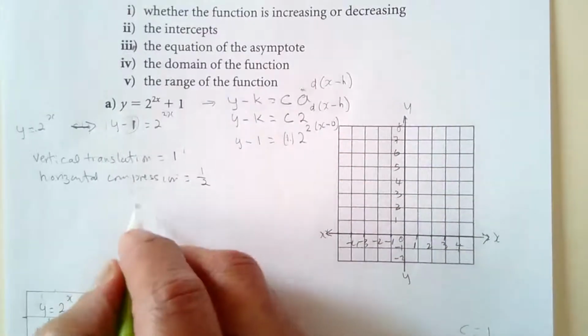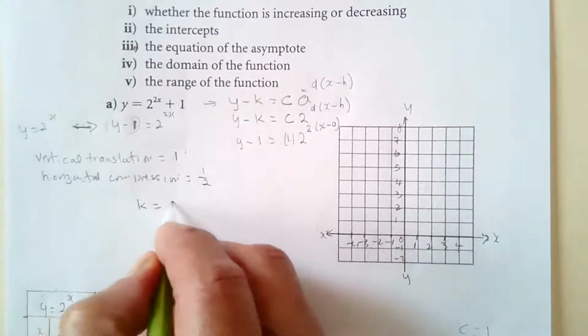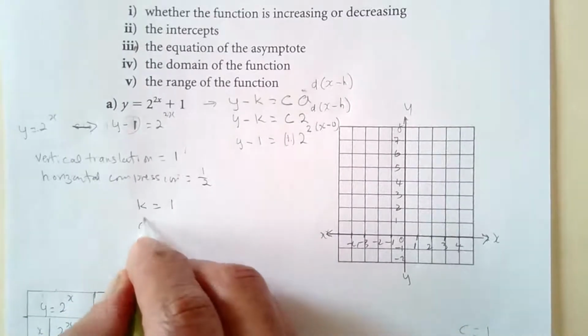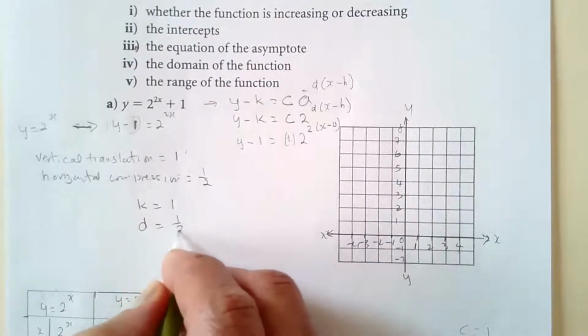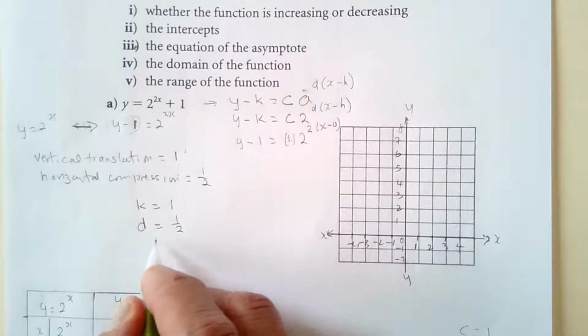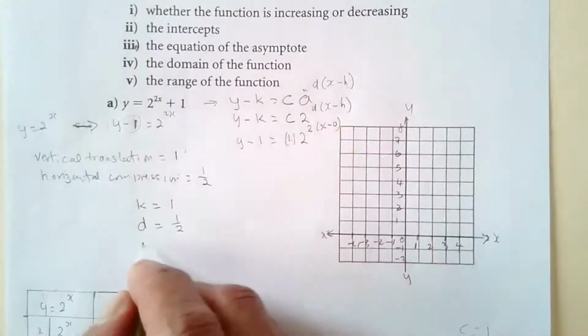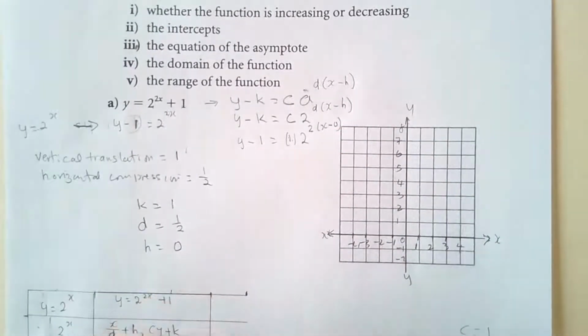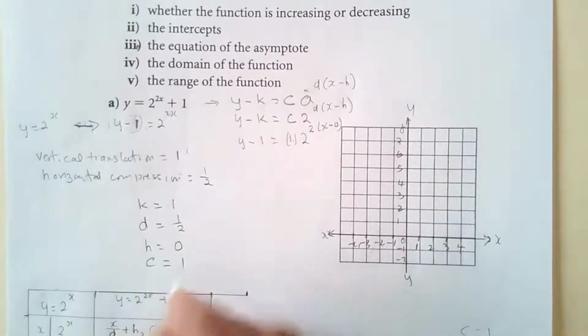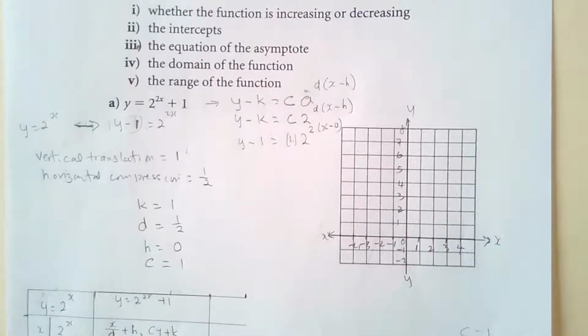So we can conclude that k is equal to 1, d is equal to 1 over 2. We have our h is equal to 0, and our c is equal to 1. These are the things we need.